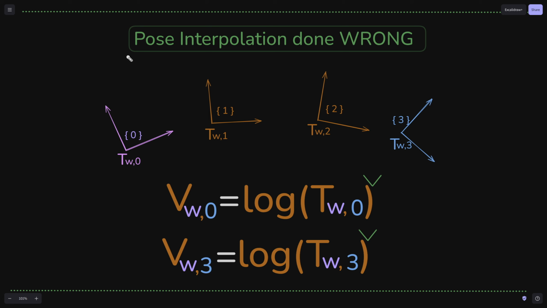Let's do things wrong, and for that we will basically do the interpolation, but we will make a mistake in the pose interpolation. And we will do that on purpose to learn more about the algebras, to learn more about the groups, and also to review all the things that we already explained, right?